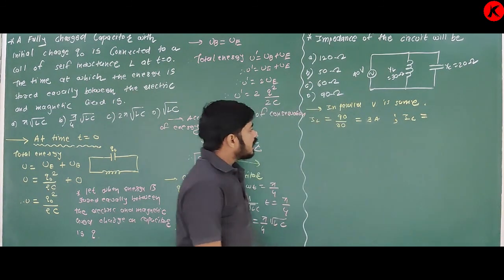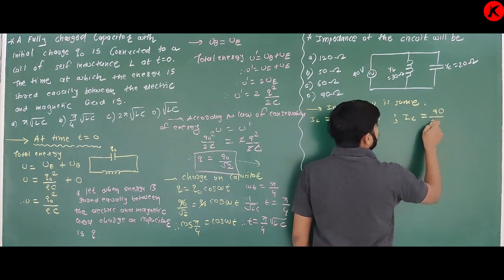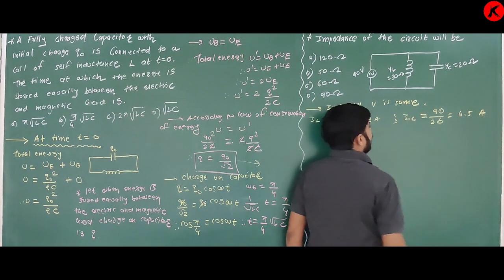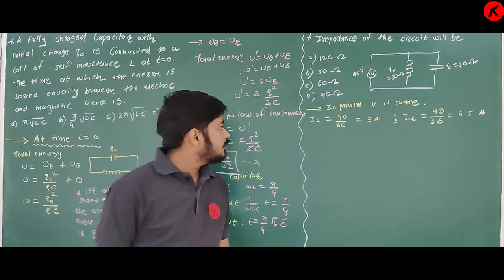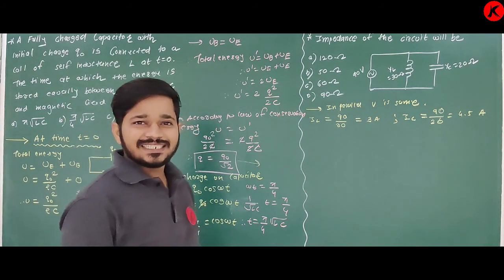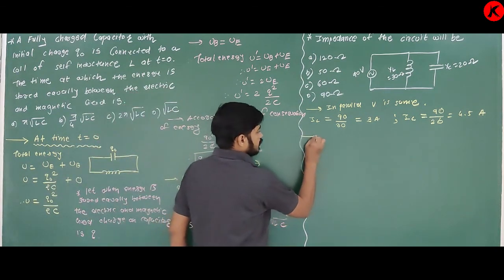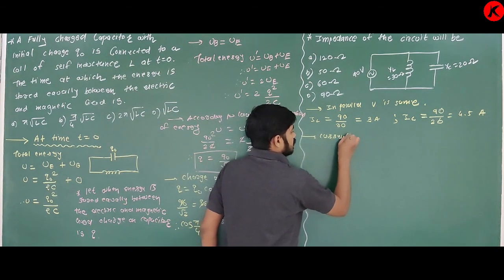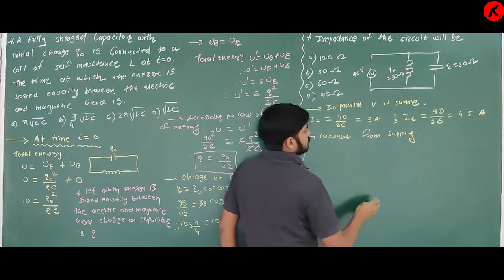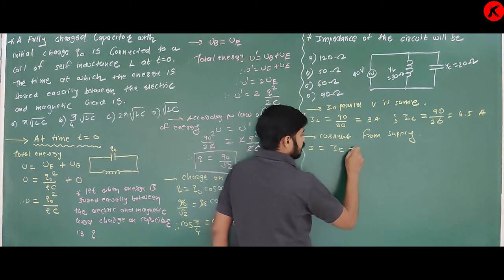Similarly, IC is equal to 90 divided by 20, as they are connected in parallel so the potential difference is the same. So it is 4.5 ampere. Now, when inductor and capacitor are connected in parallel, as in the previous question, the current from the supply is I = IC minus IL.